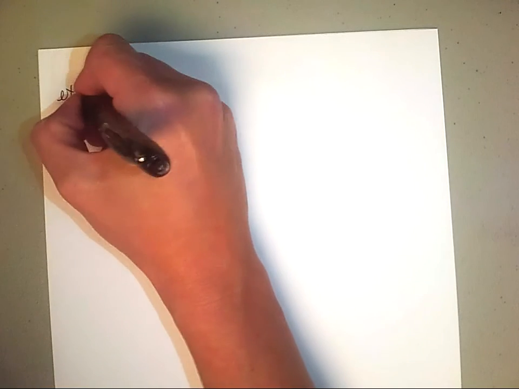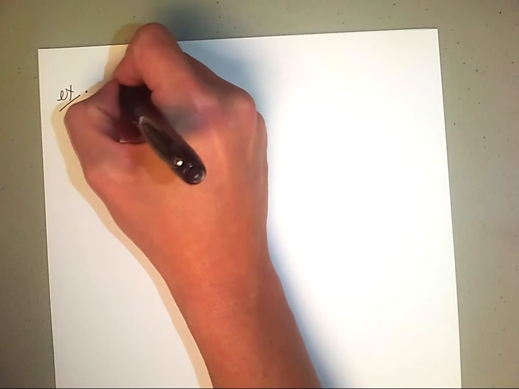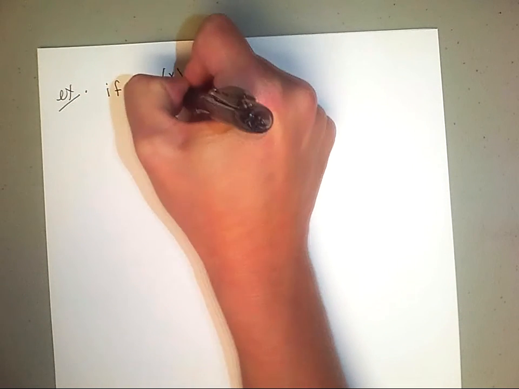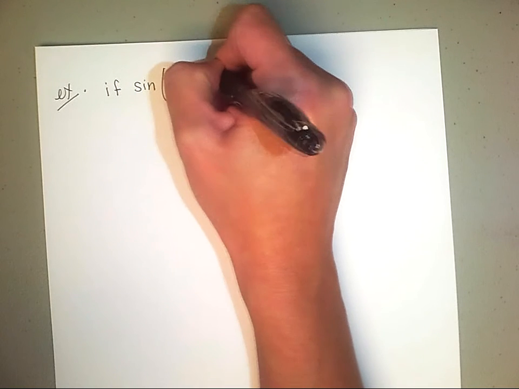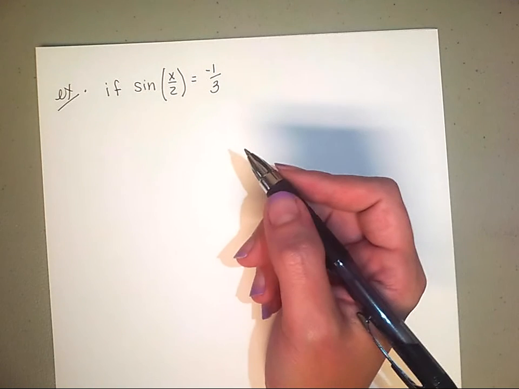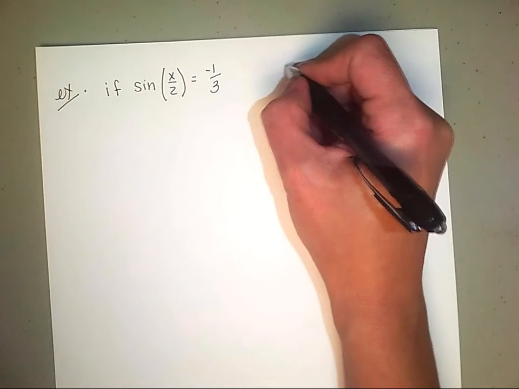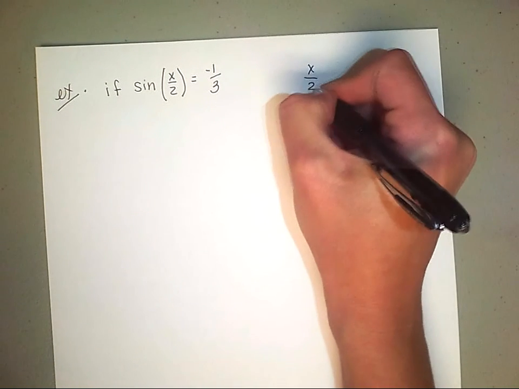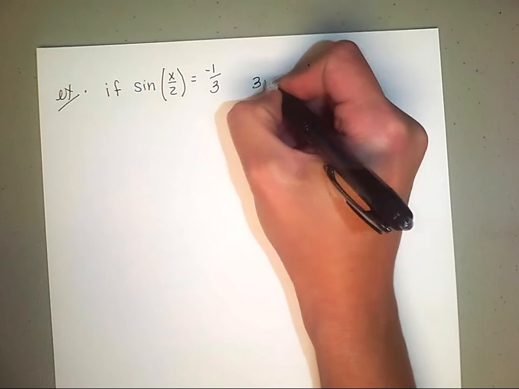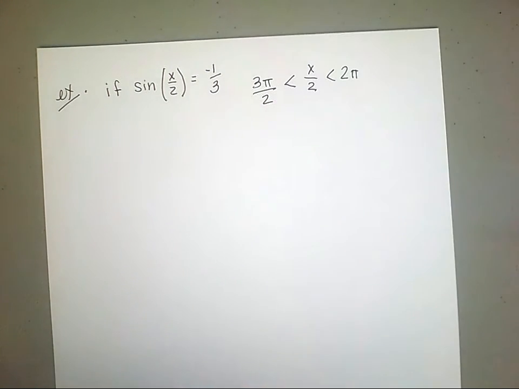Let's look at this. Let's say, for example, we know that the sine of the half angle is equal to negative 1/3. Let's say we know that. And then we know also that the half angle is less than 2 pi and greater than 3 pi over 2.